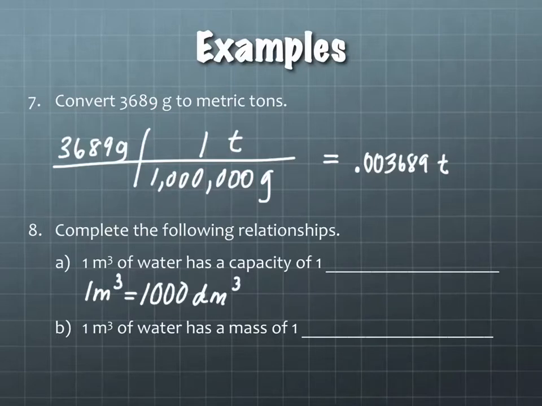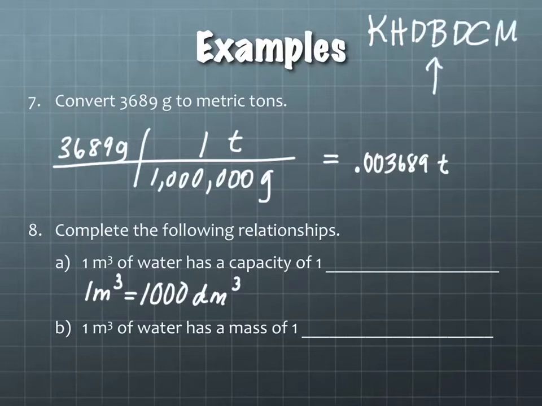If you're going from meters to decimeters, one to the right, then it's a factor of 10. And we're cubing things because we've got cubic measurements, so 10 cubed is 1,000. It's a 1 with 3 zeros from the 3 tens.